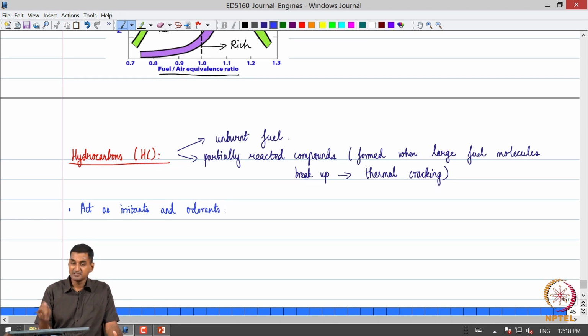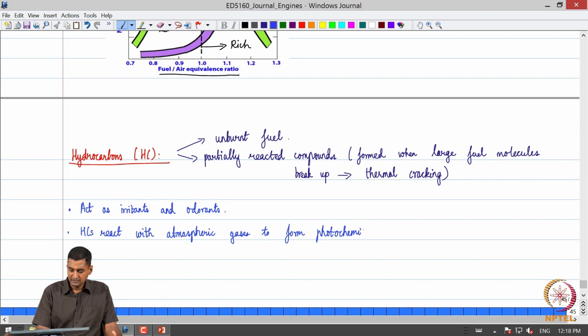Some are carcinogenic too, and hydrocarbons react with atmospheric gases to form photochemical smog, which is once again very harmful. Smog is harmful for all living things.